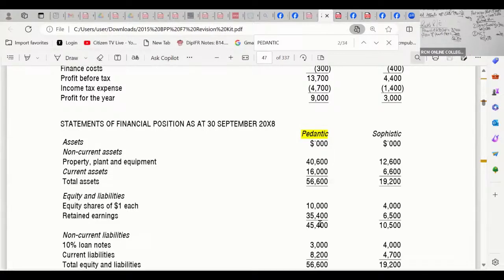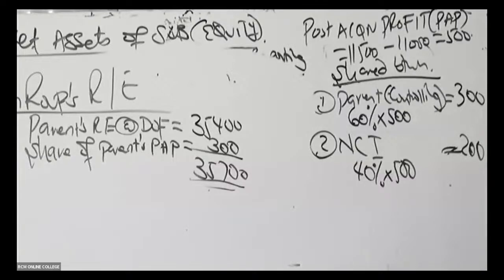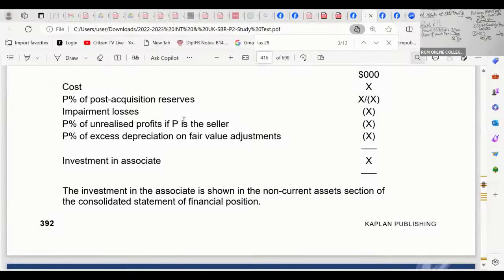Under equity, let me share this answer again for you to see where the group retained earnings is appearing in your statement. I've opened the wrong one.